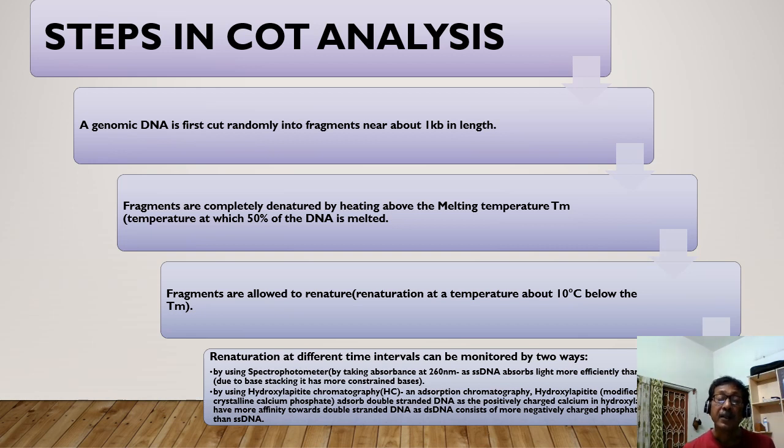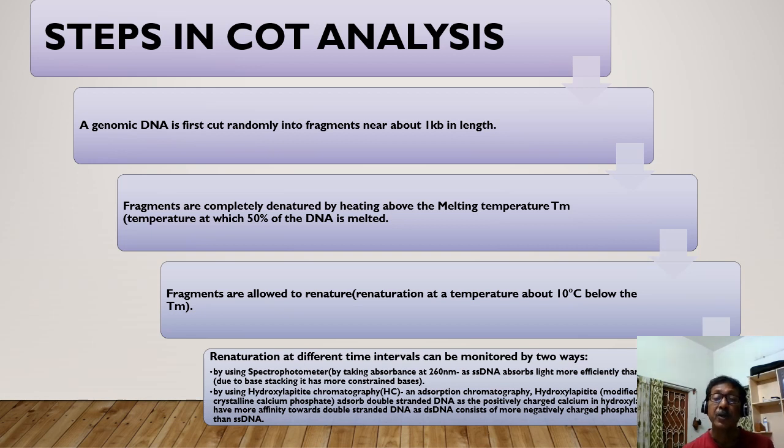The fragments are then again allowed to renature just below 10 degrees centigrade of the melting temperature. Now, whether renaturation has taken place can be studied by using a spectrophotometer at an absorbance of 260 nanometer.